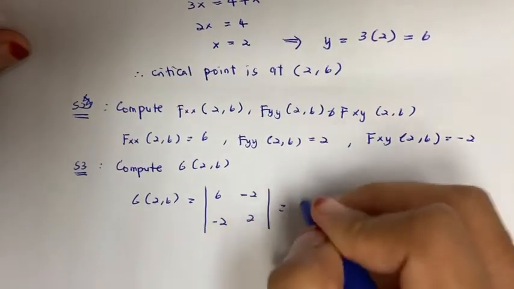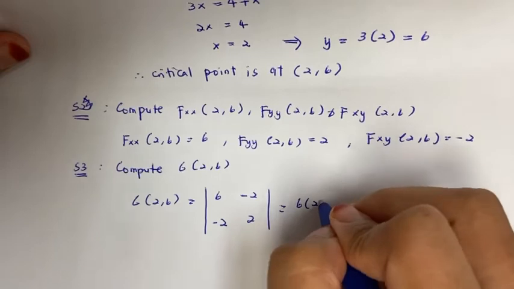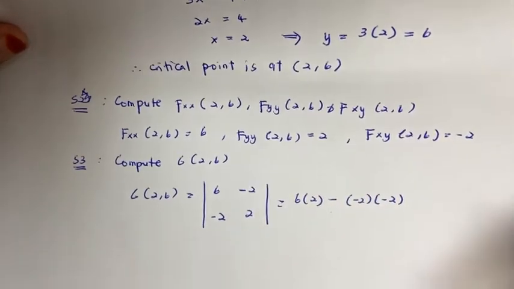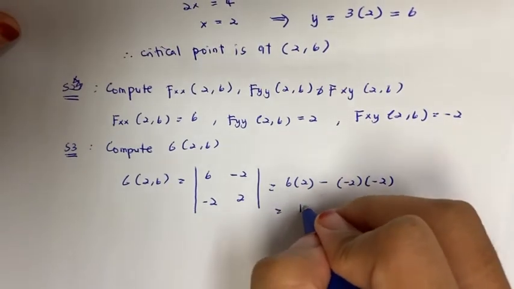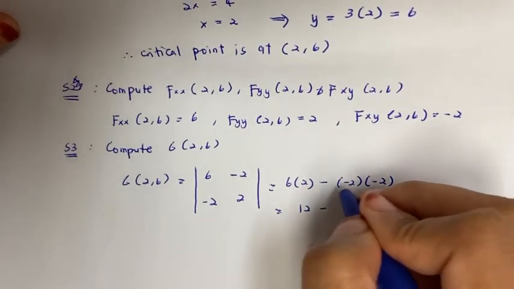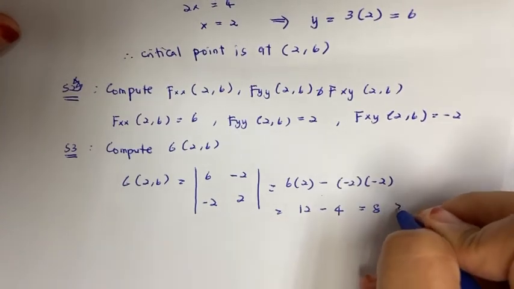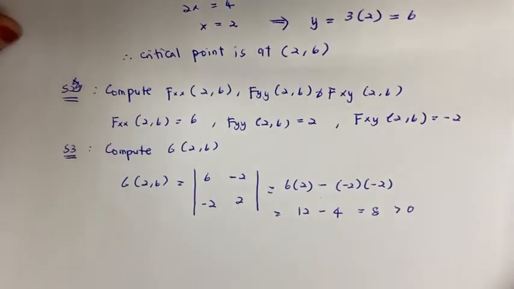So this one is 6 multiplied by 2 minus minus 2 multiplied by minus 2. You have 12 minus 4, which is 8, where 8 is greater than 0.